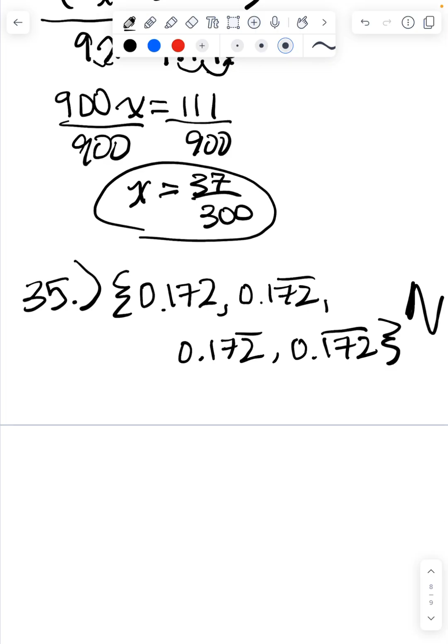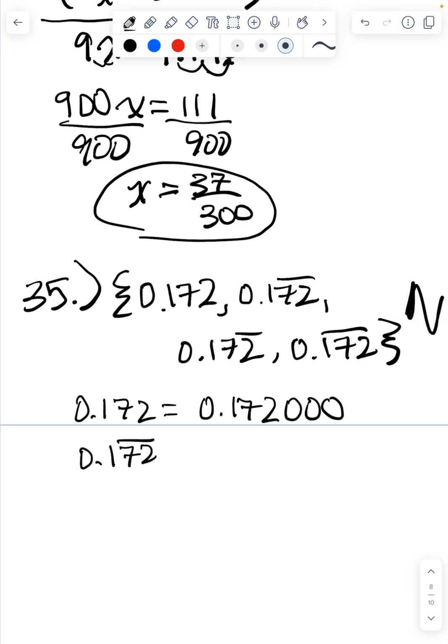Okay, so let's do 3 decimal places on all of these, like I was starting to say. So this one is 0.172. There is nothing repeated, but I'm going to put some zeros in there. The second number in my set is 0.172 with just the 7 and the 2 repeated. So that's 0.1727727, and it would keep going.